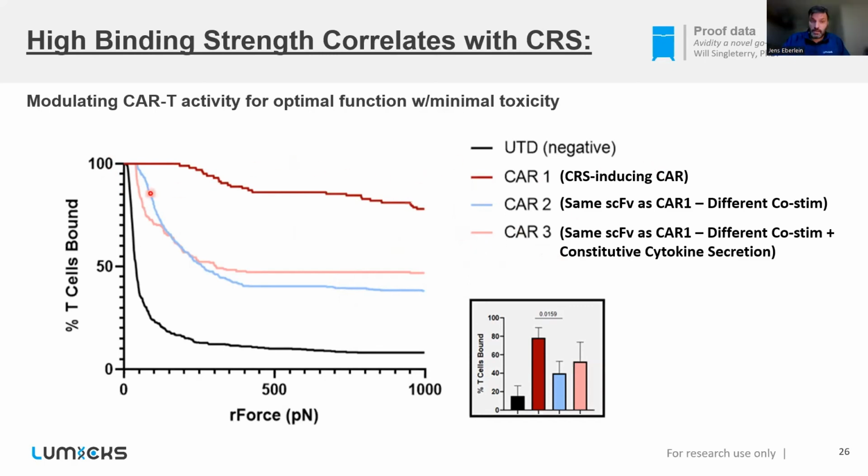So the same, again, surface scFv domain, but then swapping out the costimulatory domain led to a reduction here in binding and overall avidity. And hopefully this will also reduce the CRS, the adverse side effects. Yeah? So again, here by manipulating the intracellular domain, you can also manipulate cell avidity itself.